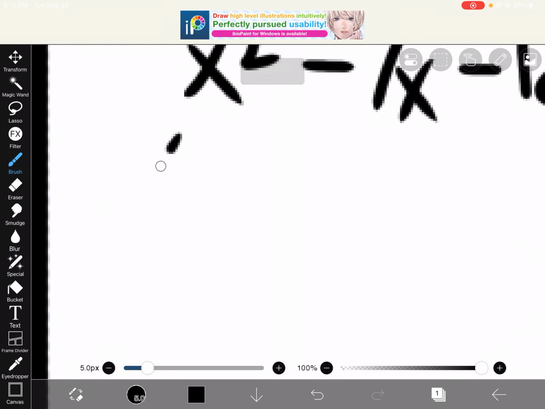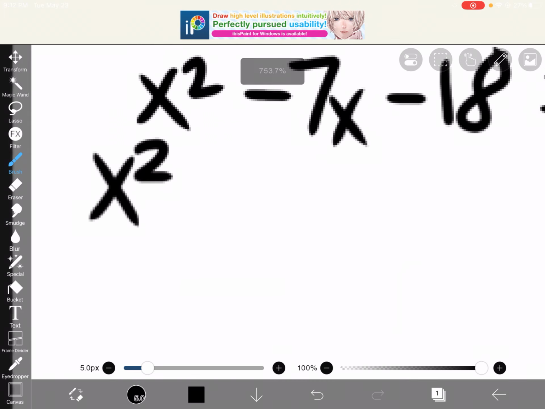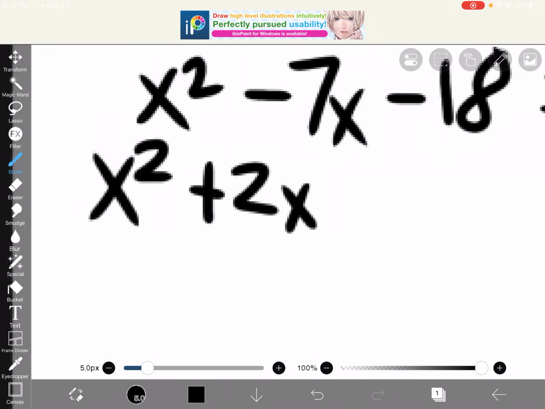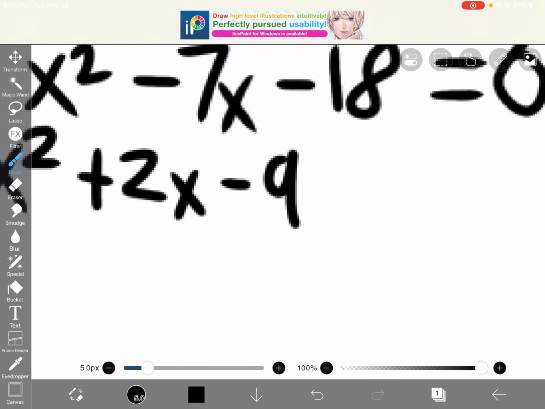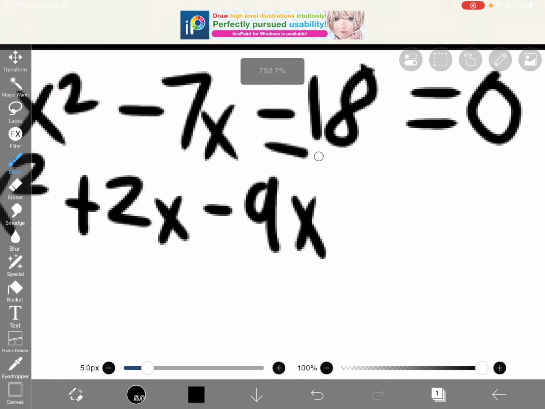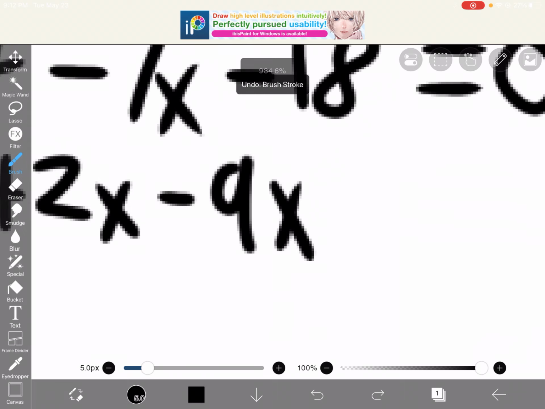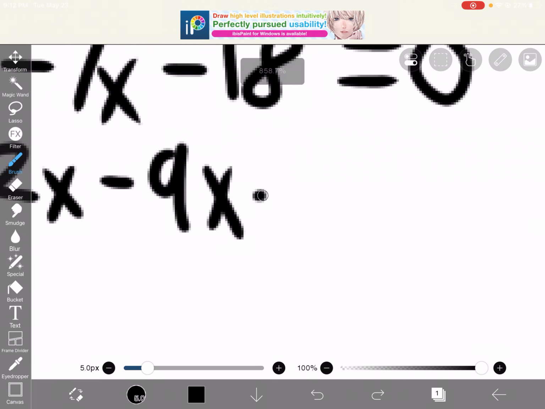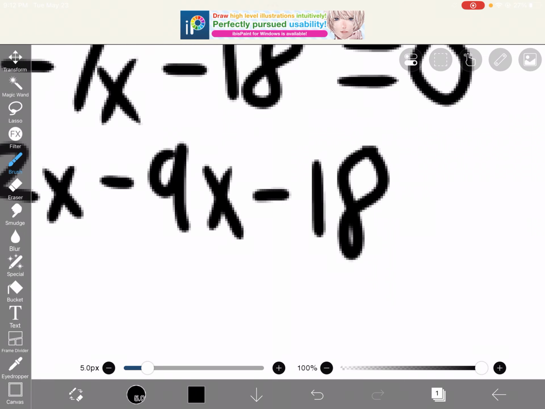It would be x squared plus 2x minus 9x, because this is 18, minus 18 equals 0.